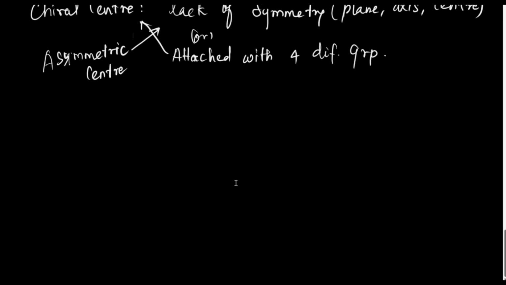We'll see an example. For example, if I'm taking a carbon having 4 different groups, this is a chiral carbon, which can be denoted by the symbol star. Similarly, the asymmetric carbon can be denoted by the symbol star.